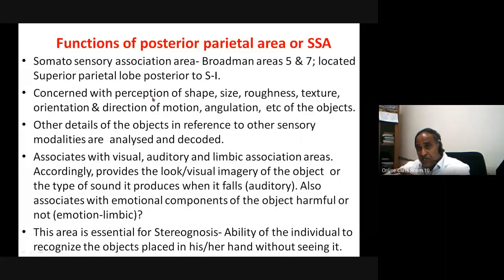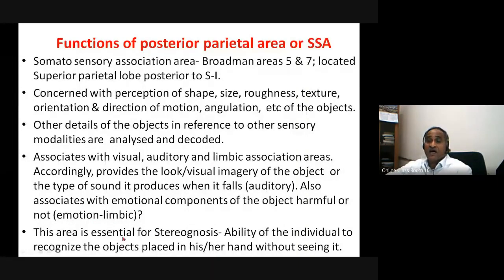In addition to the exact attributes, perception, size, shape, roughness, texture, orientation, direction of motion, angulation and so forth, the visual imagery, auditory associations, and limbic associations are all attributed.